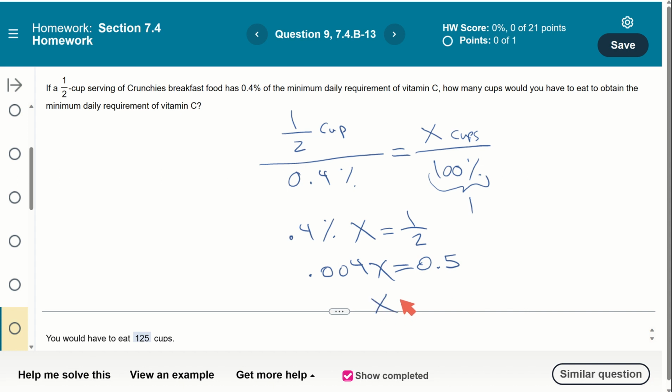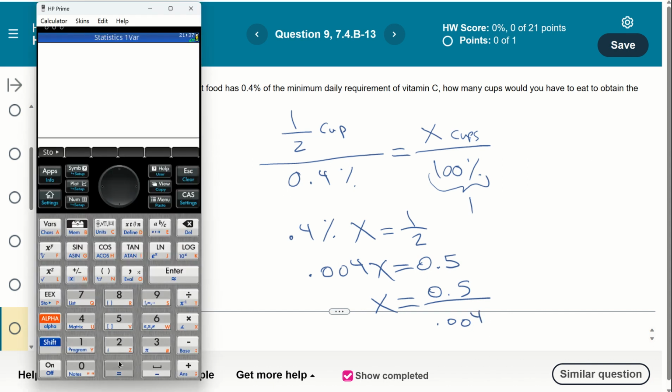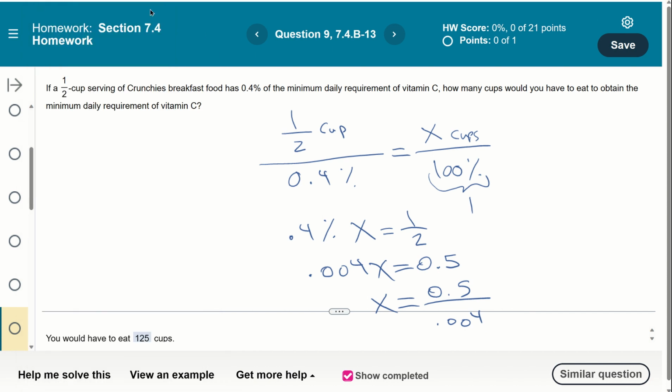So all you got to do now is just get x, divide 0.5 by 0.004 and see what you get. All right, so 0.5 divided by 0.004, 125. So the moral of the story is that that is not the way you should be getting your vitamin C. Better go for a few oranges maybe. All right, so that's how you would handle that.